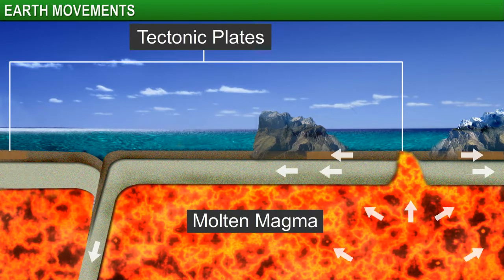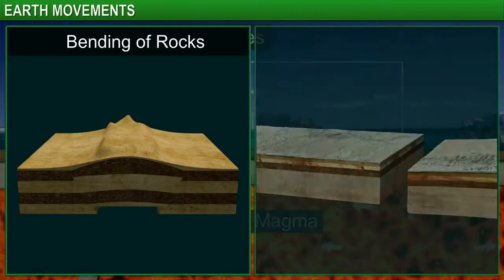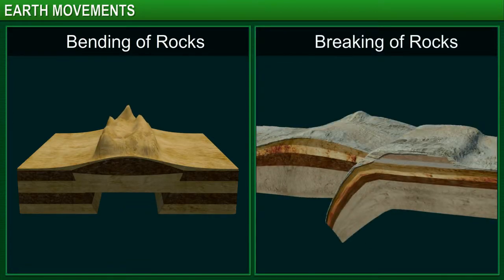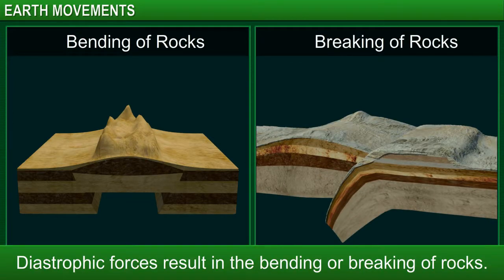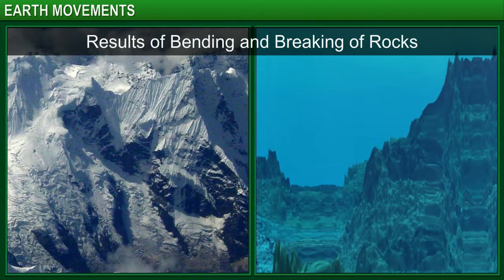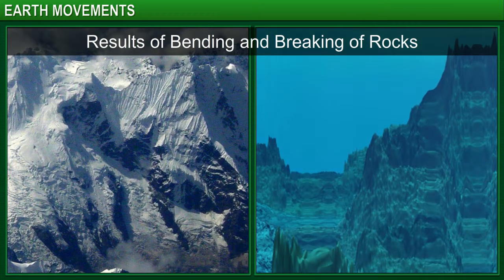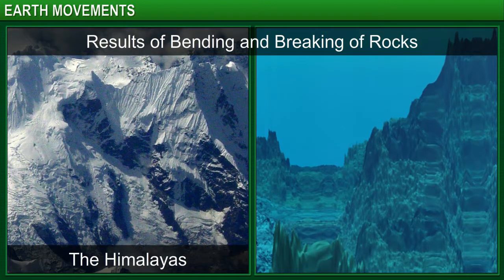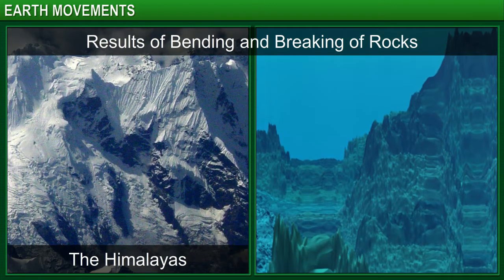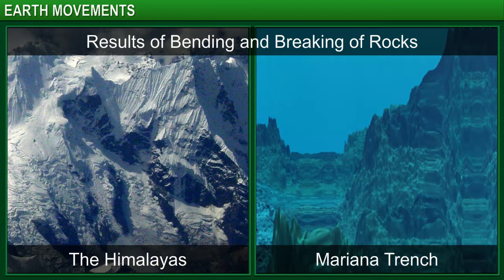Diastrophic forces result in the bending or breaking of rocks. The bending and breaking of rocks creates mountain systems like the Himalayas and deep valleys and trenches like the Mariana Trench.